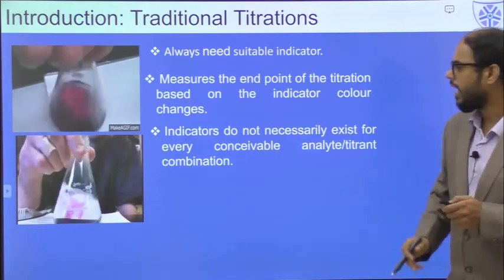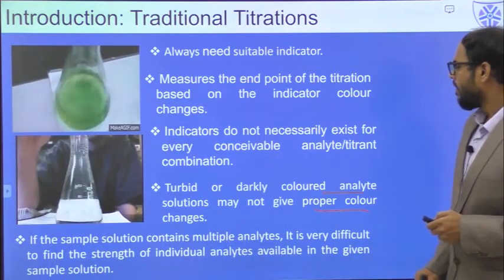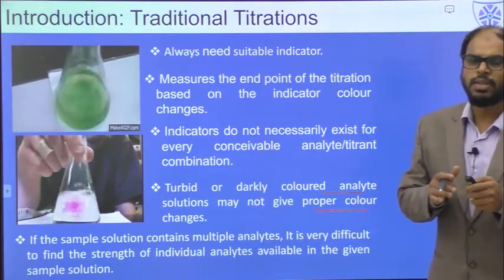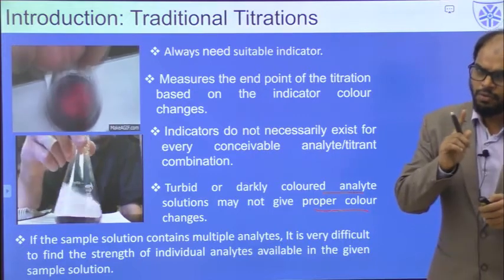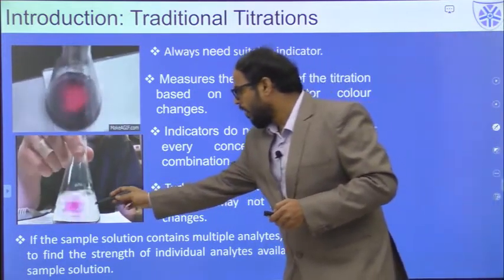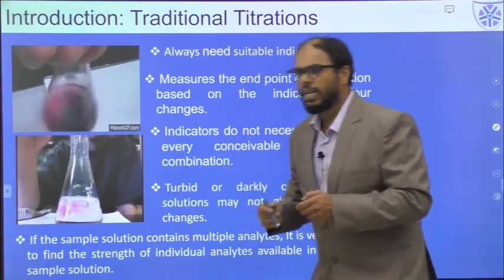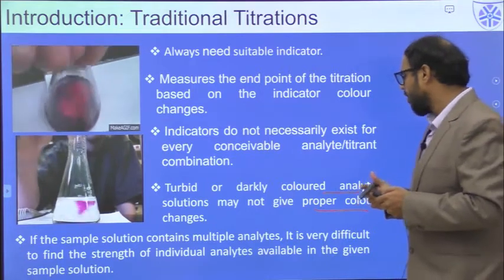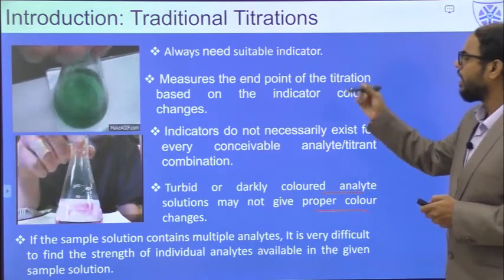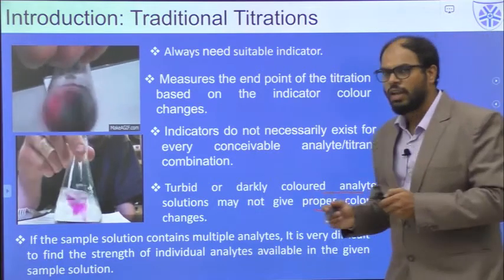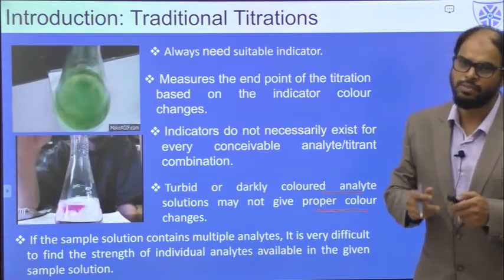And finally, if the solution contains multiple analytes, we always talk about simple titration where we go for a single analyte. But if the analyte we take in a conical flask is a mixture of two or three analytes, then it will be very difficult to go with a traditional titration method. In those cases, we have to rely on a new technique called potentiometric titration.